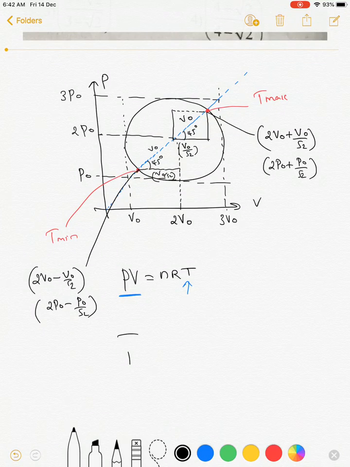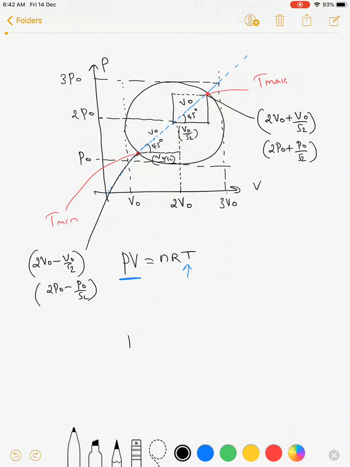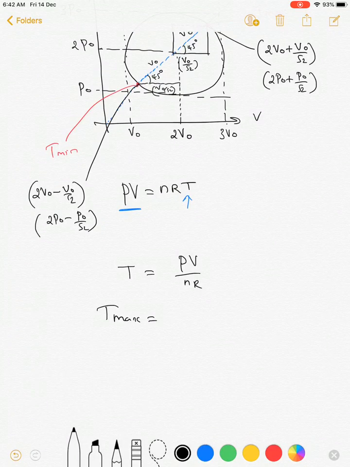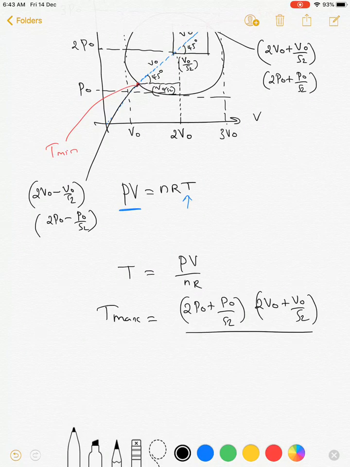Now from the equation T is equal to PV divided by nR, we can write the maximum value of temperature as the coordinates of its maximum point, 2P naught plus P naught divided by root 2, into 2V naught plus V naught divided by root 2, divided by nR.